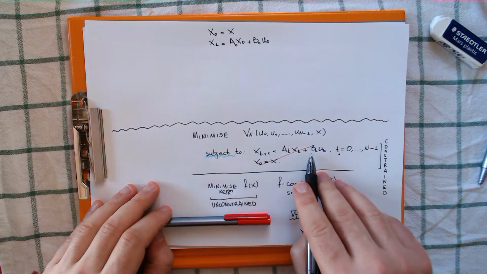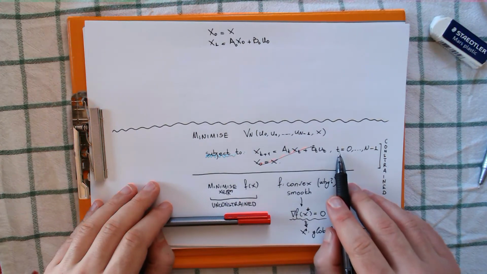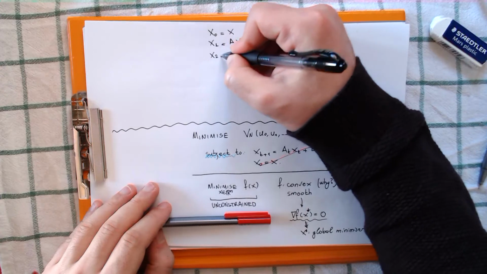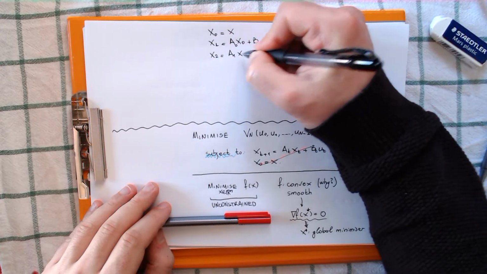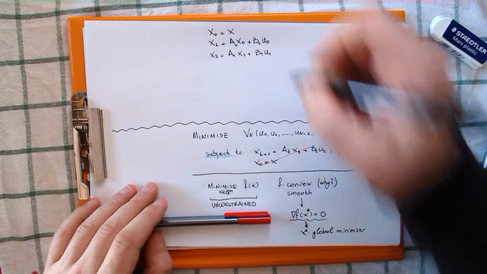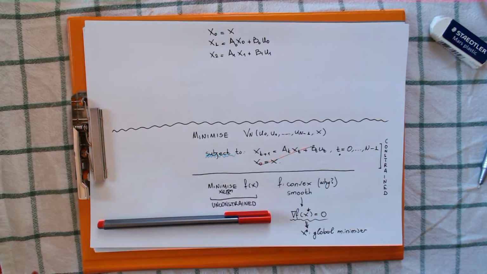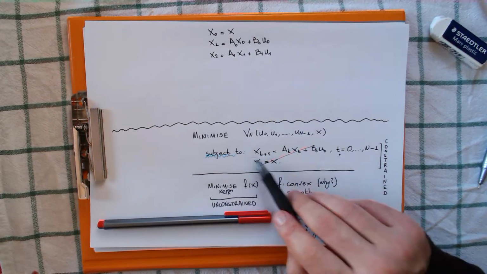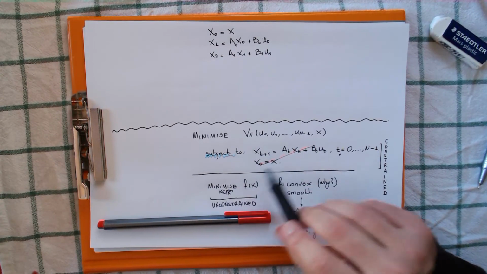I'm just copying this equation for t equals 0. And I will write it again for t equals 1. The objective now is to get rid of all these xt's, so to have nothing in the constraints.